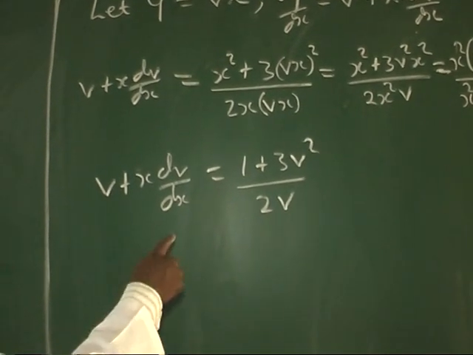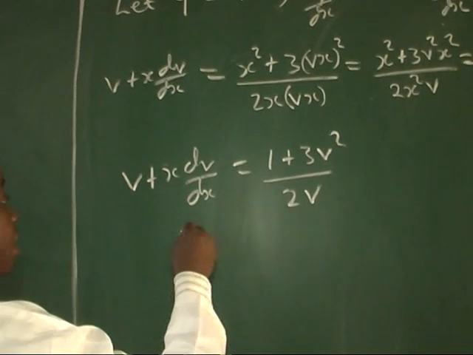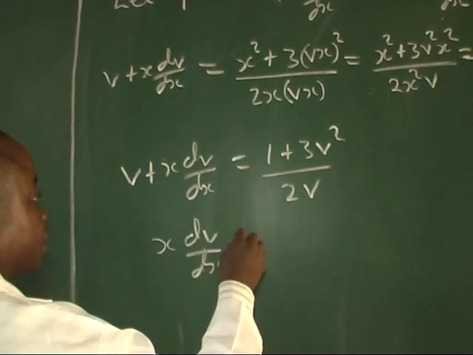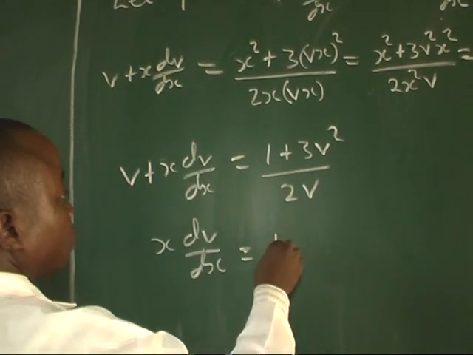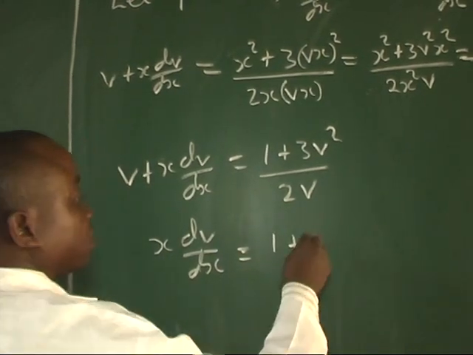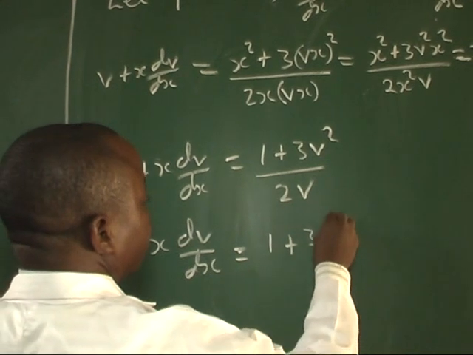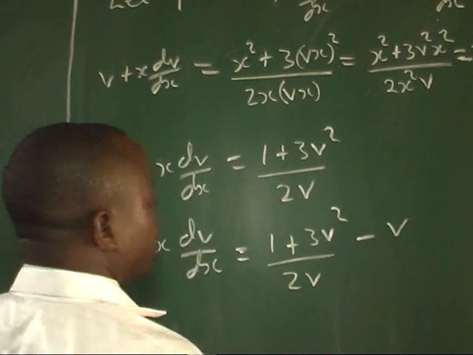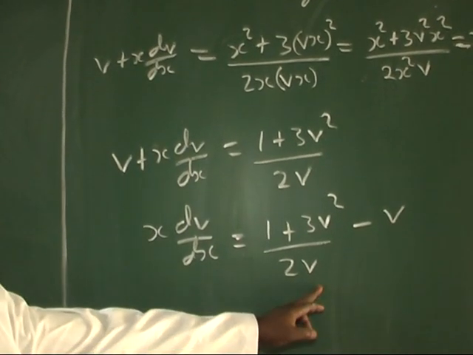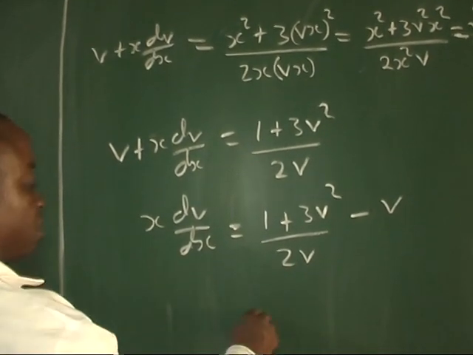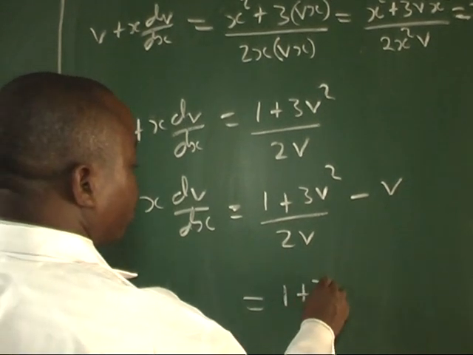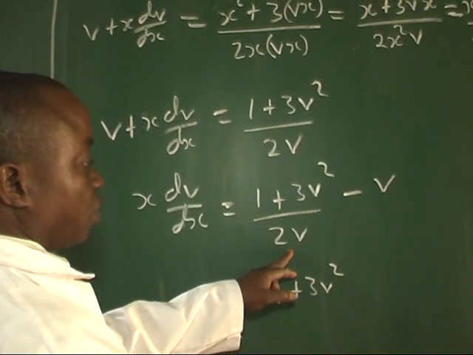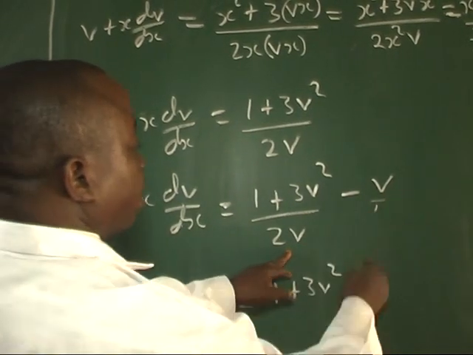Now, we'll collect like terms by transferring v to here. Then we have x dv/dx will be equal to (1 plus 3v squared) all over 2v, minus v. So we can take the LCM of this side. You know that the LCM will be 2v. Then this v is over 1.